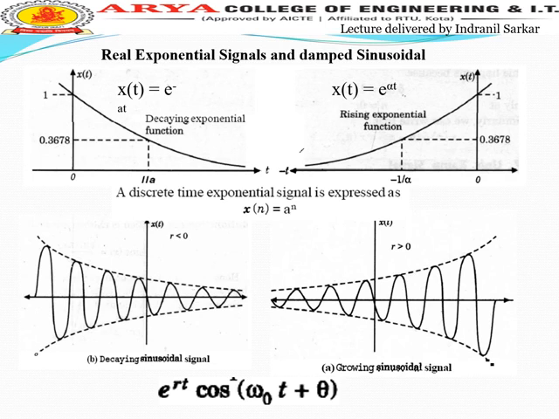On the right hand side we see that the signal is x(t) equals e to the power αt. Here the signal is also a decaying signal, but in the opposite direction, or on the negative axis, and we can see that here it is written as a rising exponential signal. That means on the left side this is the decaying exponential signal, and on the right side this is the rising exponential signal.